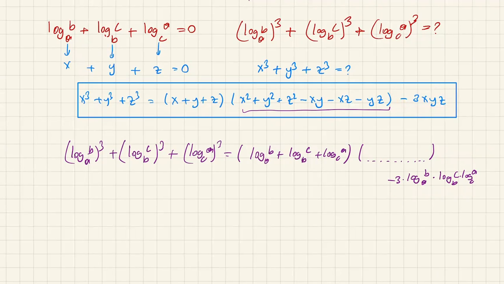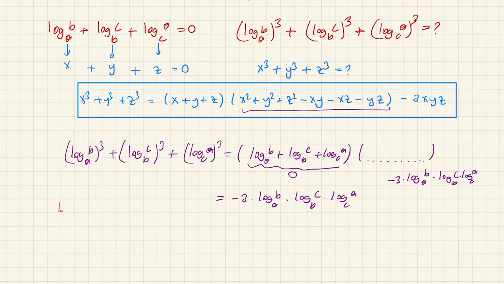Anyway, since this guy was 0, and 0 times something is 0, you will get just negative 3 times the log base A of B times log base B of C, and the last one was this.